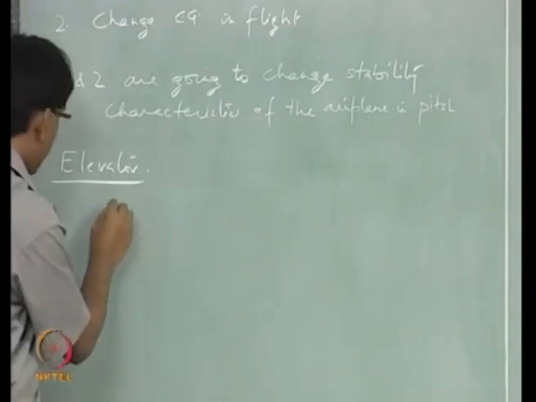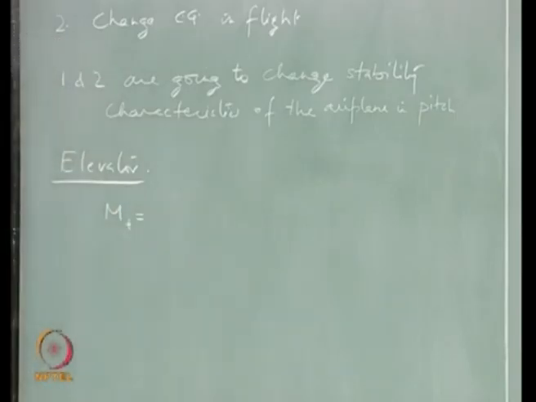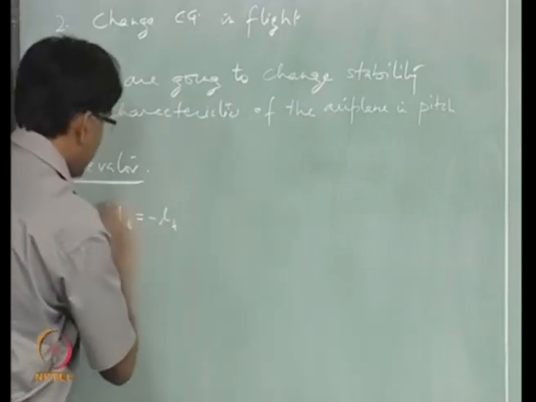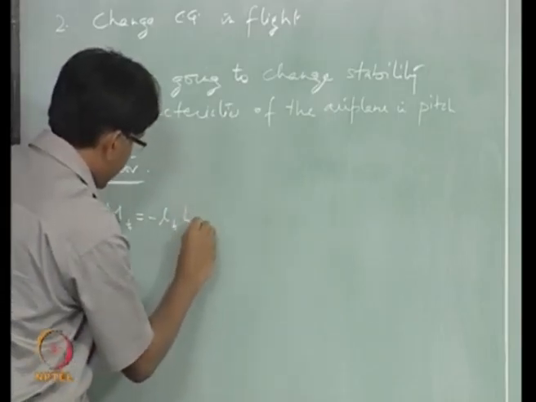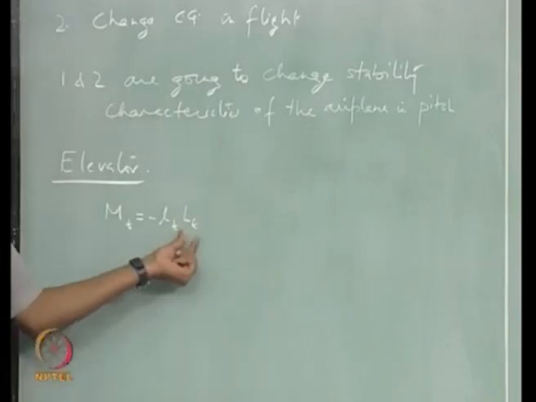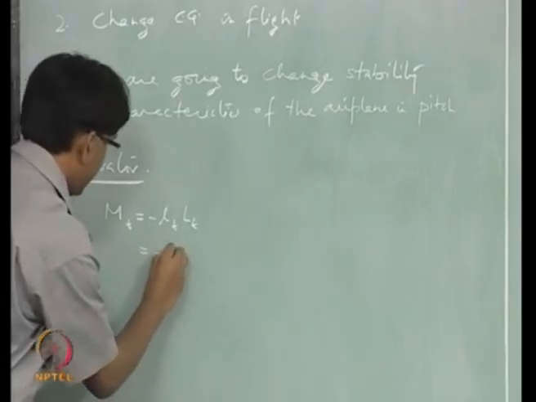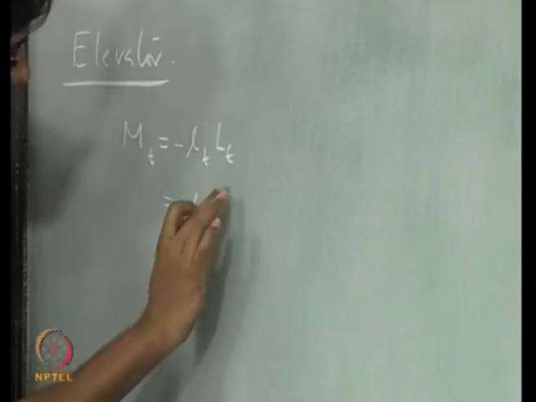So, if I want to find out the moment due to tail about CG when elevator is also incorporated, then this has to somehow incorporate the elevator effect. Okay.